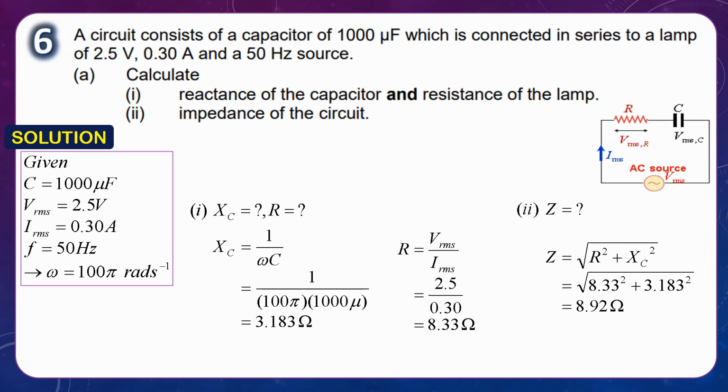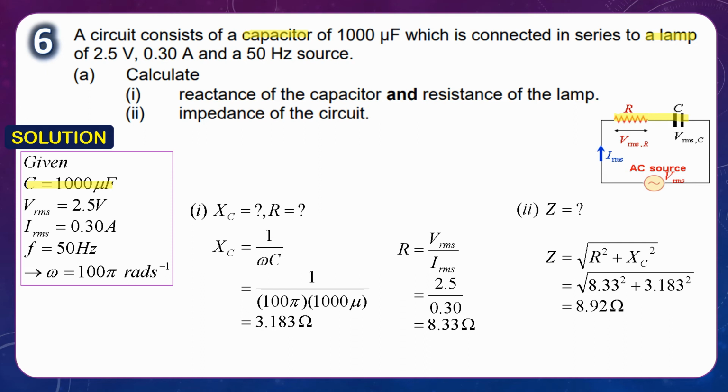Okay, if we refer to the question, this is the connection between a capacitor and a resistor, which represents a lamp. So this is an RC circuit. The information given in the question is the capacitance, which is 1000 microfarad.